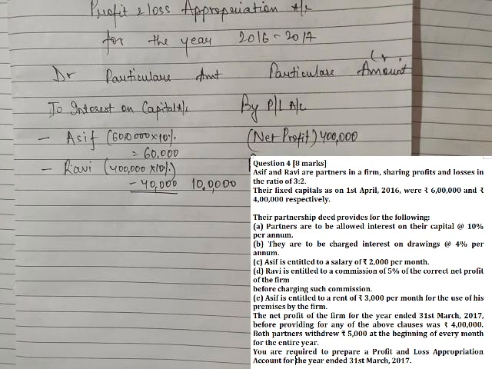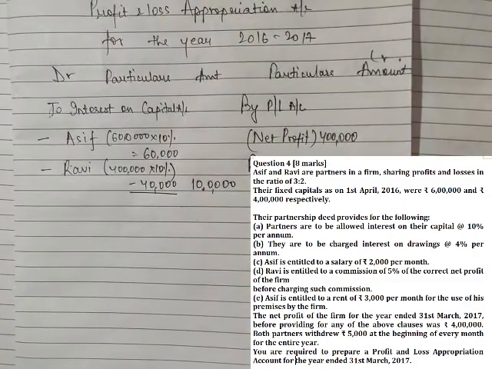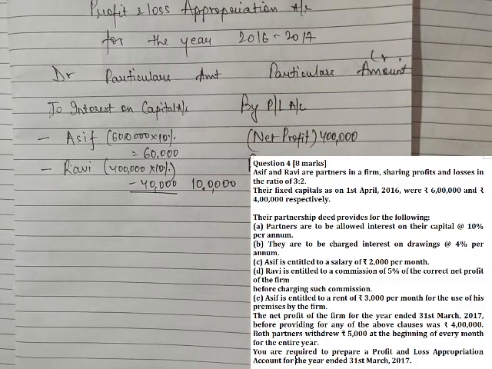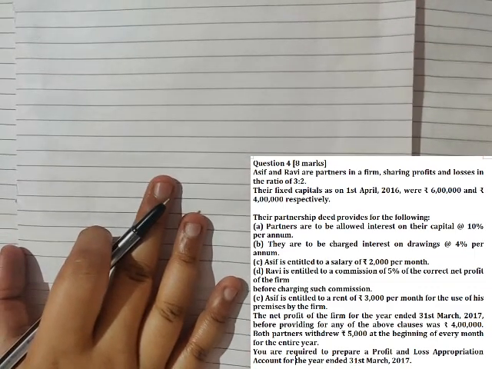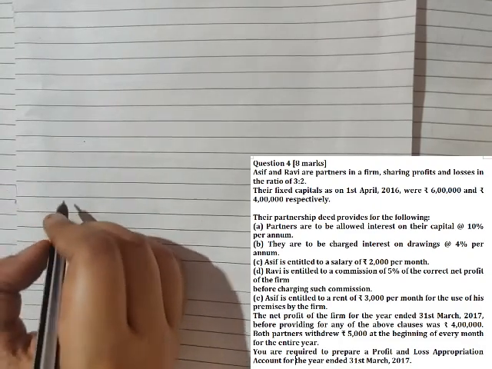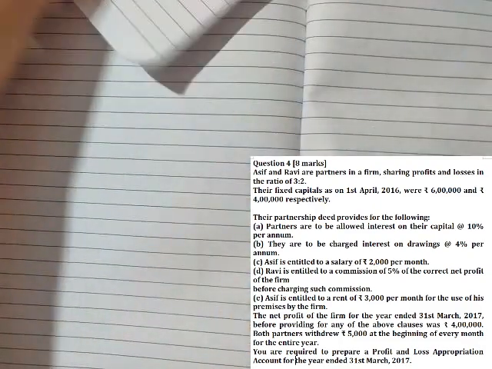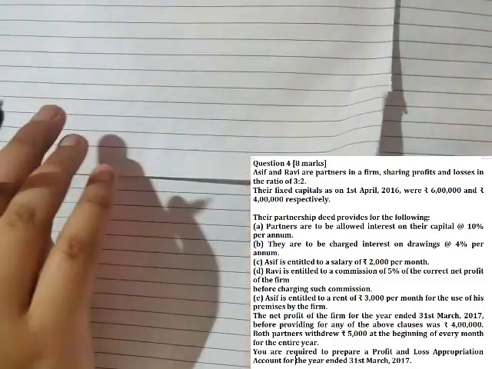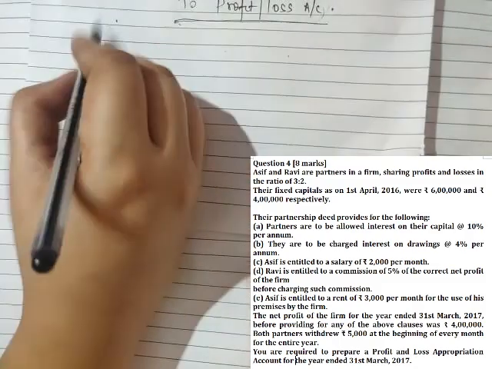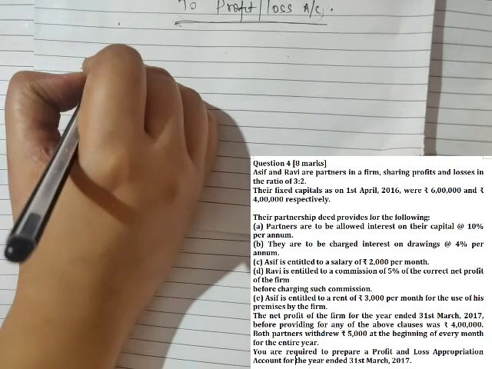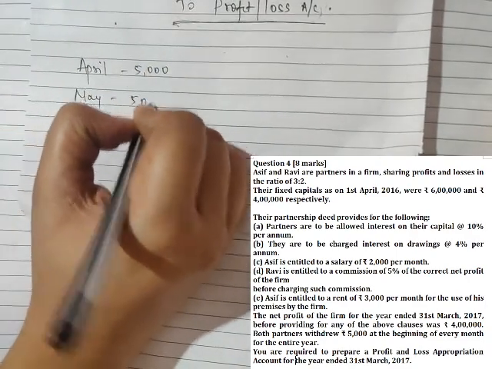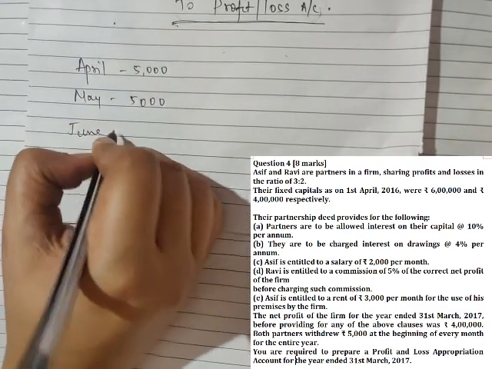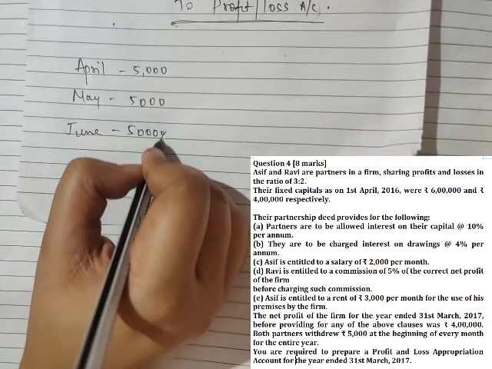The next entry is they are to be charged interest on drawings at the rate of 4% per annum. The drawings is given as both the partners withdrew 5,000 at the beginning of every month for the entire year. So if the partners withdrew at the beginning of April 5,000, then beginning of May 5,000, then June 5,000, and so on.